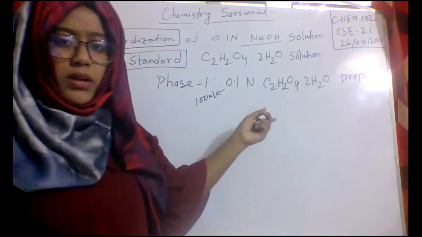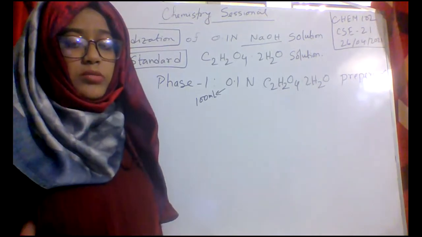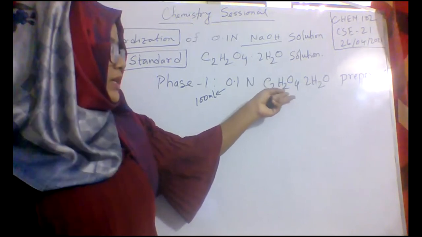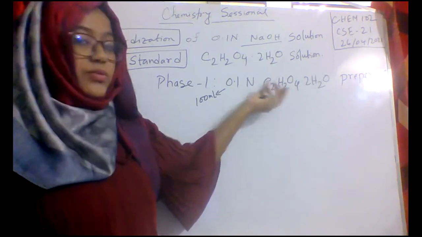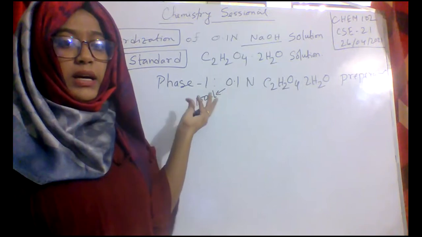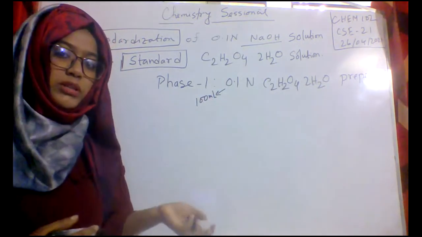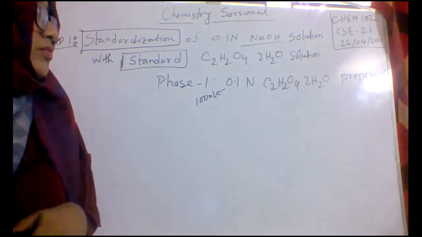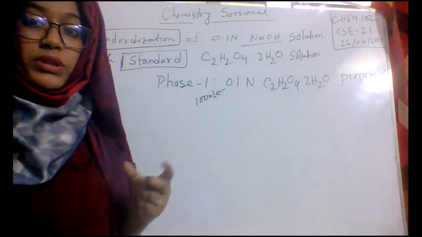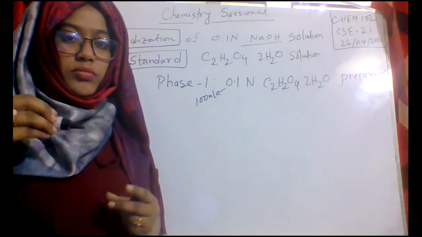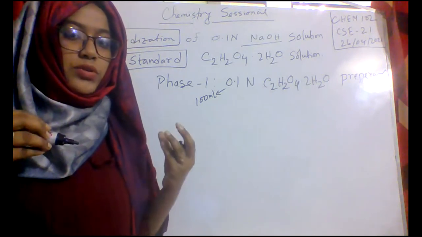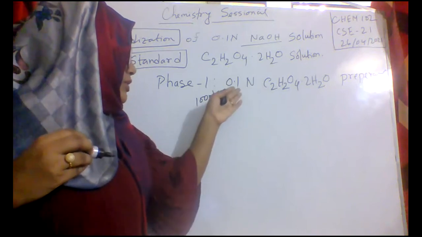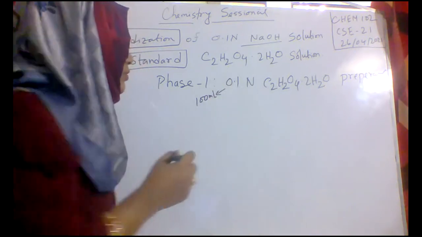Okay, can you tell me how much of this acid should be taken for making 100 ml of 0.1 normal solution? We have to find out the weight we should take for making 100 ml of 0.1 normal.